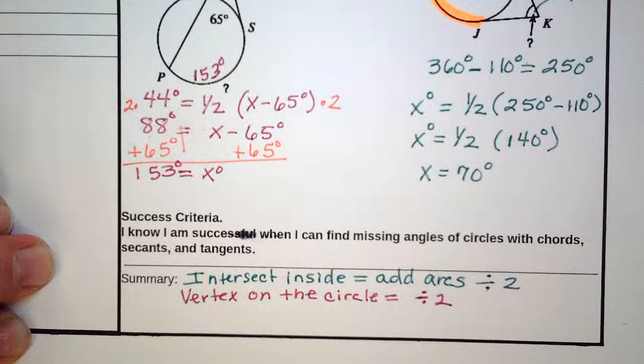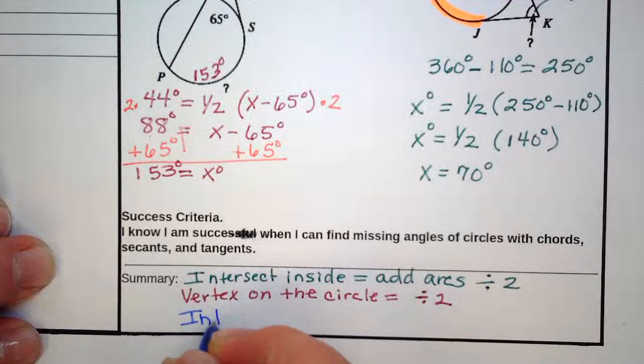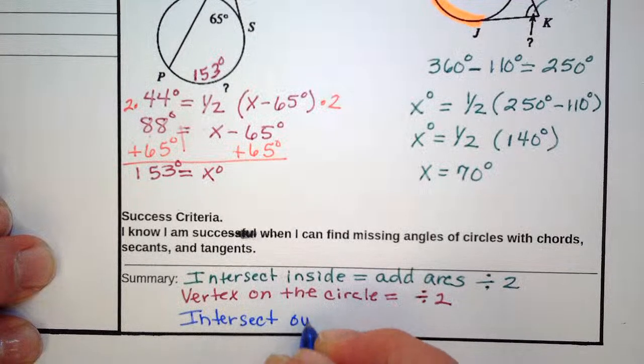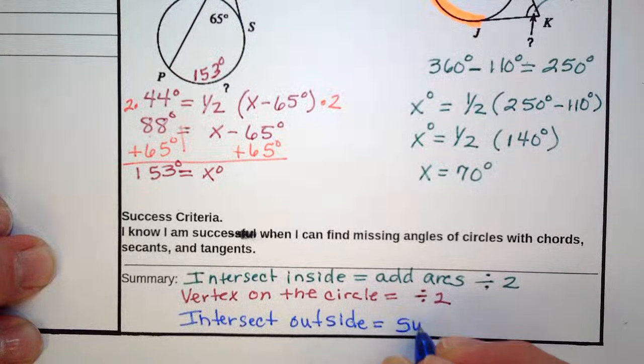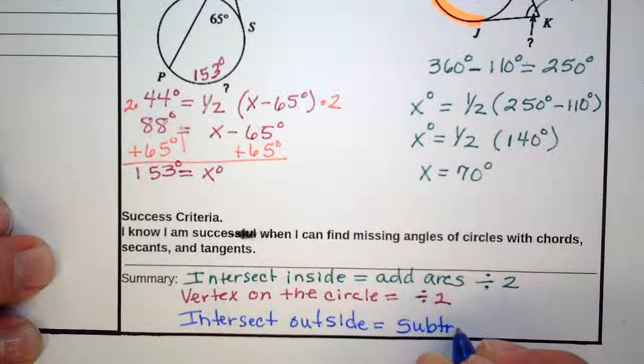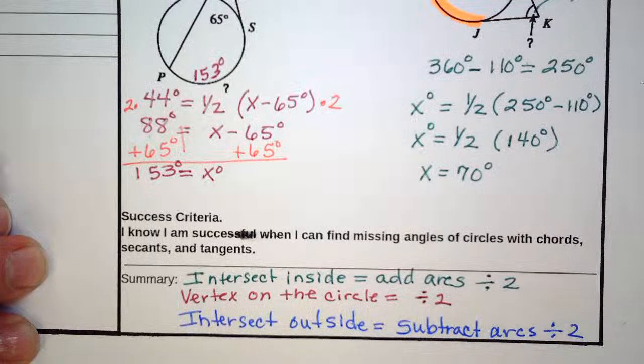If it intersects outside, you subtract your arcs and you still divide by 2.